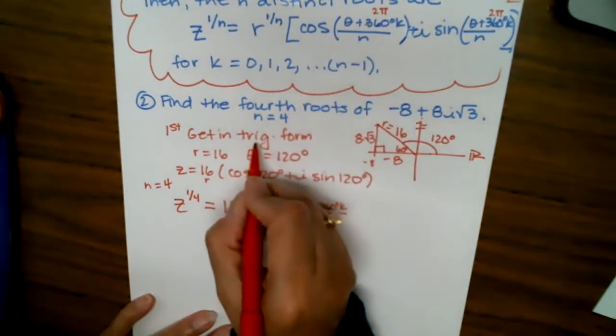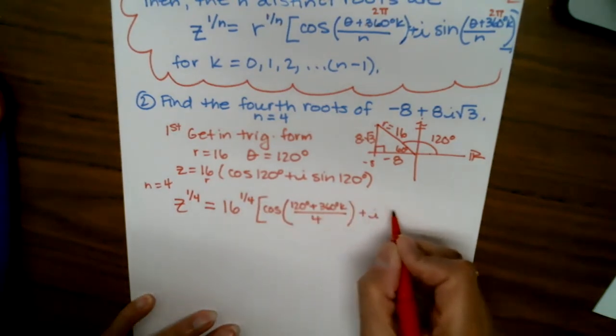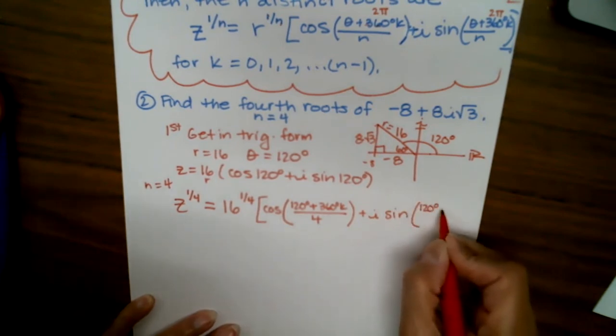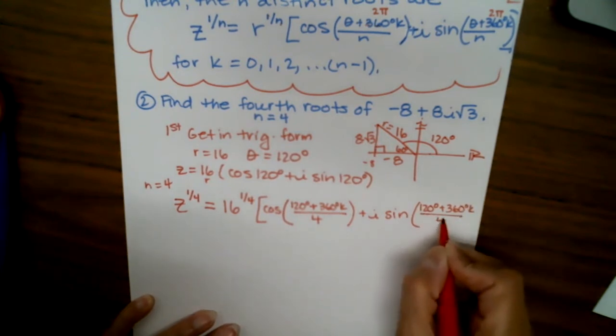And n is the fourth root, so it's 4. And then plus i times the sine of that same angle. 120 degrees plus 360 degrees k, all over 4.